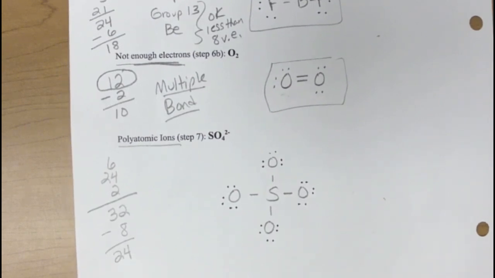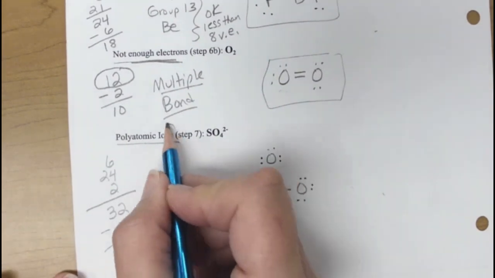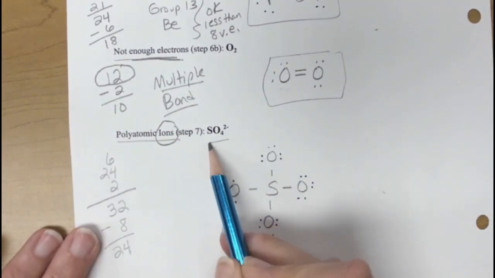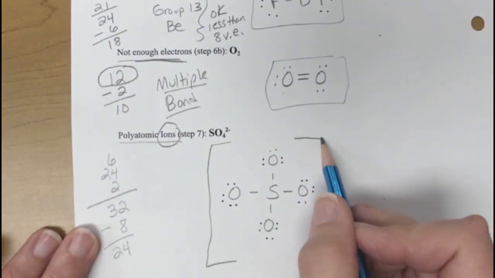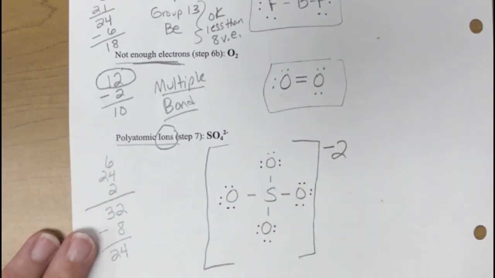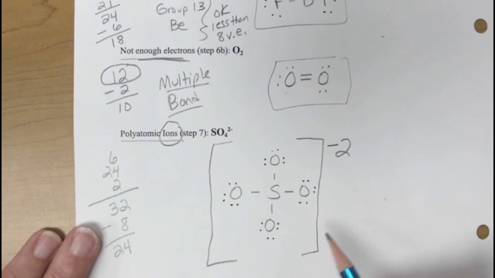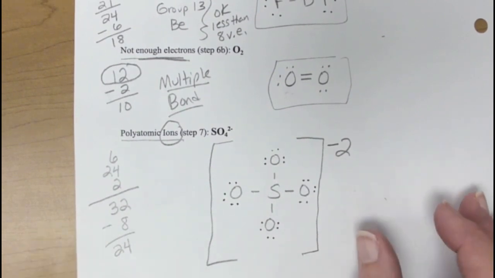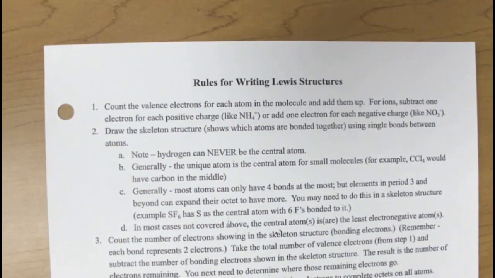The one thing you have to do on polyatomic ions, one extra step, is you simply put brackets all the way around, and then you put your charge out to the side. So you are acknowledging that this is a polyatomic ion with a charge. And so these are the examples that go on the back of your rules for writing Lewis structures.